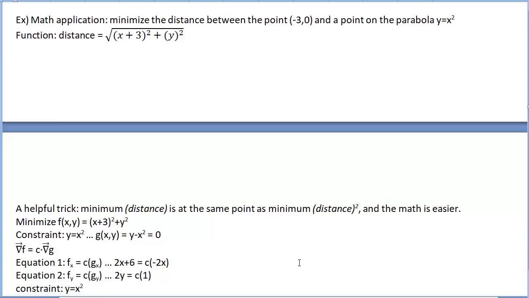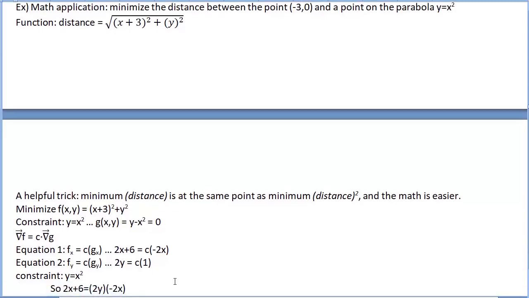So 3 equations, 3 unknowns. Let's go ahead and solve. Right off the bat, the typical first step we like is to solve for c. It just so happens that equation 2 has already solved for c for us. That was very thoughtful. So we can now get rid of c. In the first equation, substitute, and you get 2x plus 6 equals 2y times -2x.